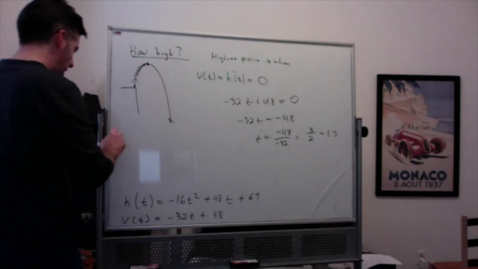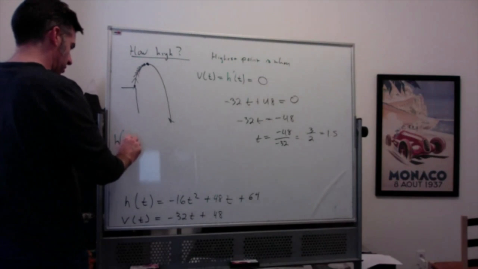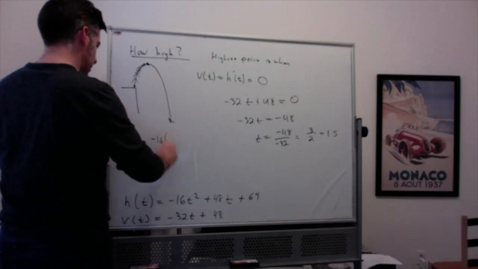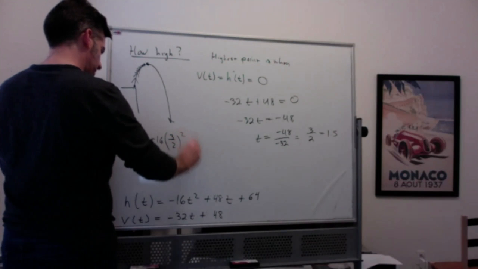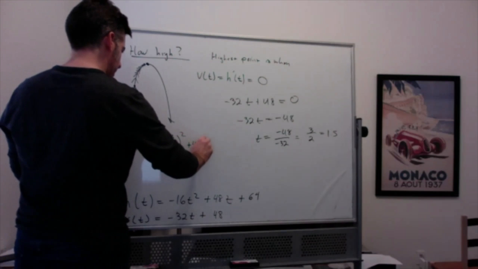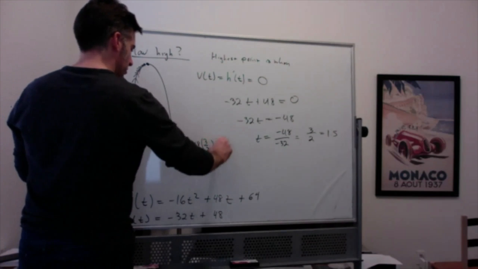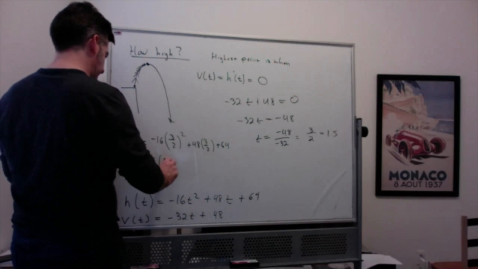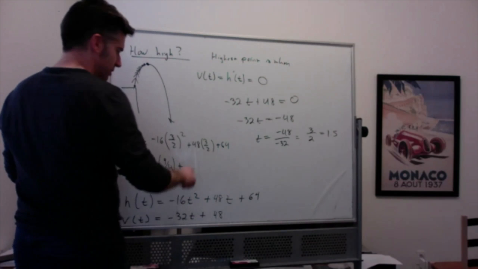So the height at time equal to 3/2 is going to be negative 16 times 3/2 squared plus 48 times 3/2 plus 64. It's going to be negative 16 times 9/4 plus 48 times 3/2.